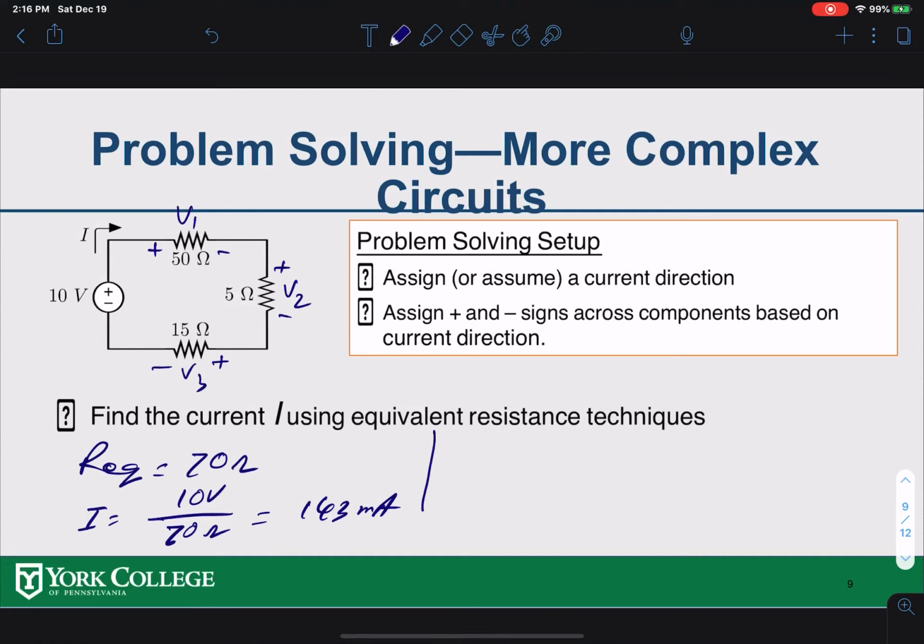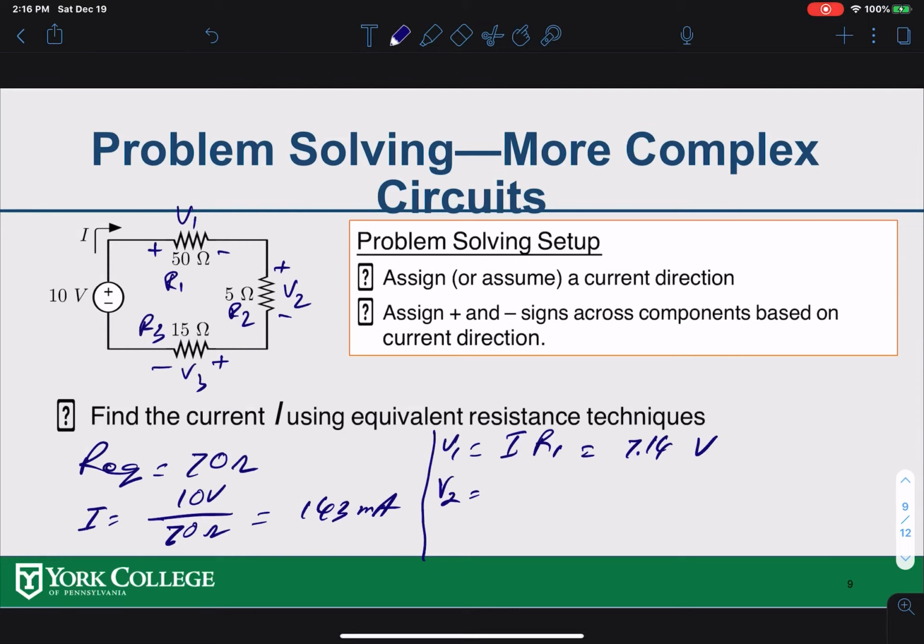Now use the current. Now you can find each of the V1, V2, and V3 here. So V1 would be I, the current you have, times R1. Let's say this is your R1, this is your R2, this is your R3. If you do the math, you know the current is 143 milliamps and your R1 is 50, so you'll get 7.1 volts for that one.